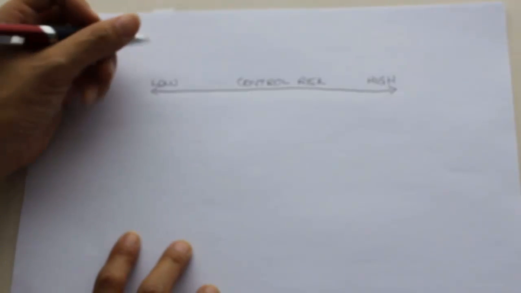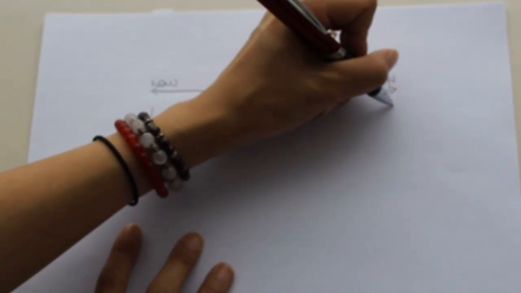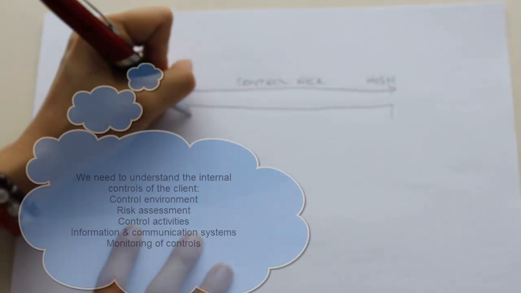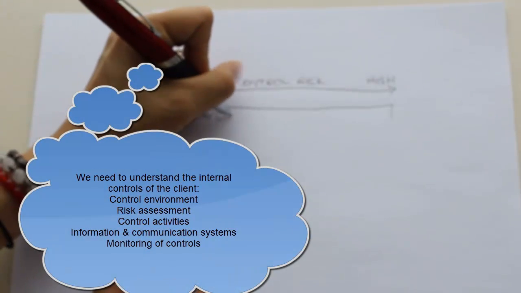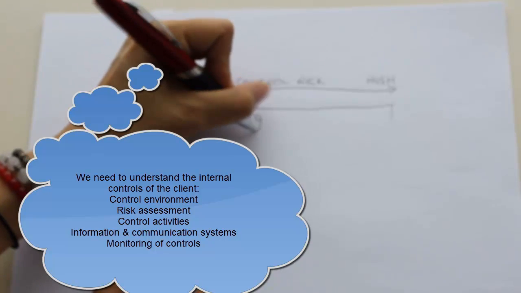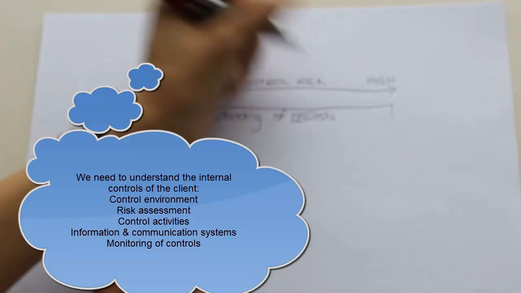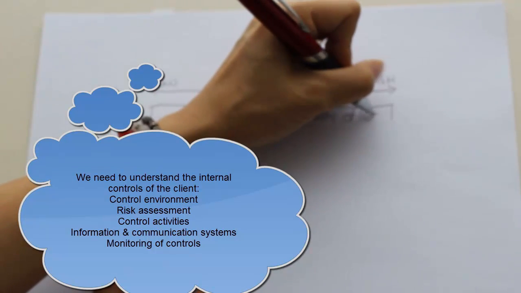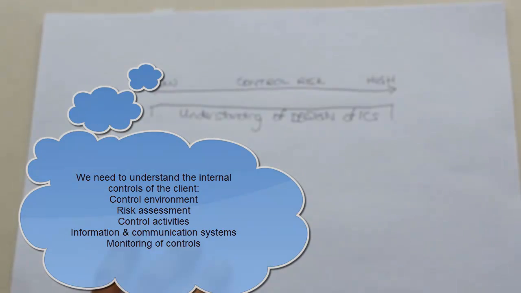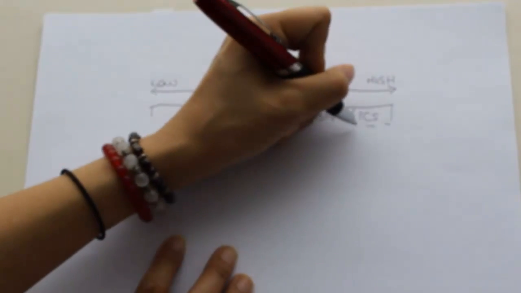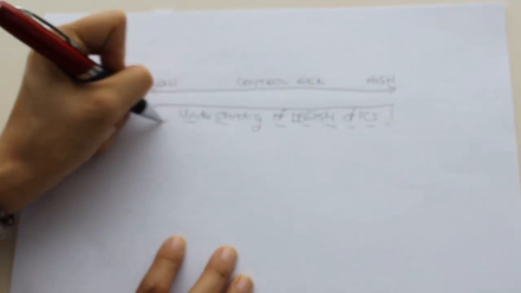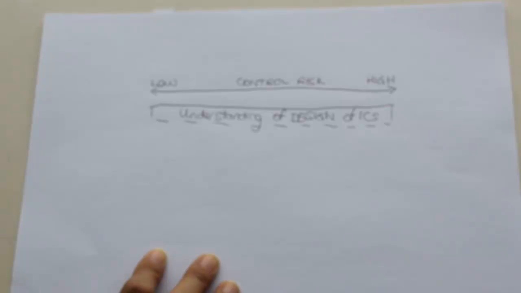So for every firm we need to gather a basic understanding of the design of the internal controls. For every firm we have to have that basic level of knowledge.